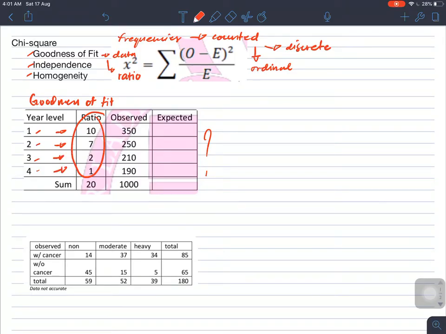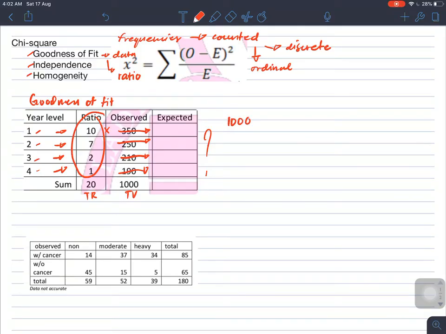So, paano natin i-compute yung expected values? You simply take the total value divided by the total ratio and then multiplied by our ratio or individual ratio. Okay? So, subukan po natin. Total value is 1,000.